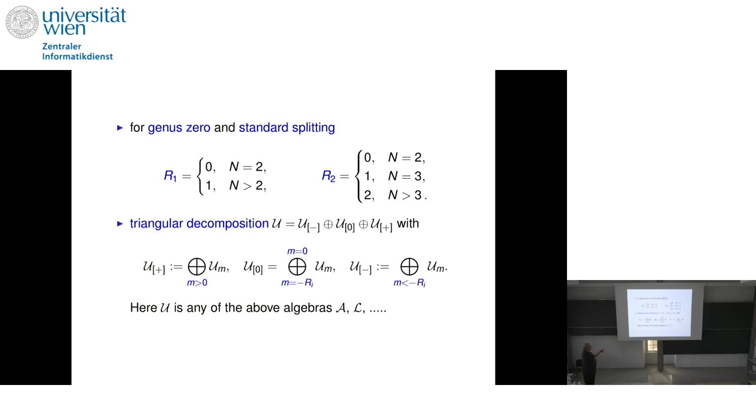These are sub-algebras of U. U is any of these algebras which we discussed above. U bracket minus is also a sub-algebra of this U because of the almost grading. We start from minus R1, then plus minus R1, and we get minus R1 plus minus R1, and then we have number plus R1, and still we are below minus R1. So we stay in it, okay, good.